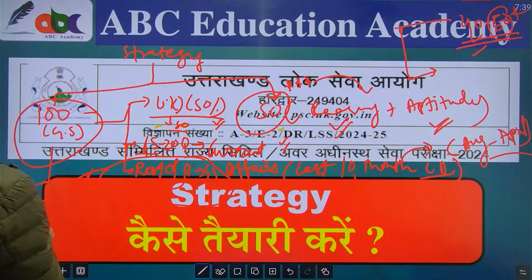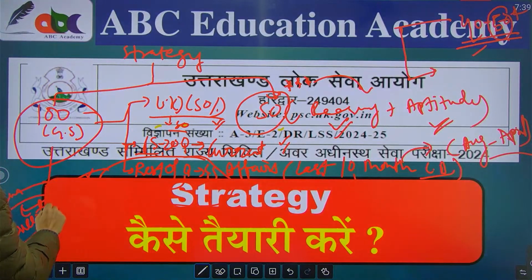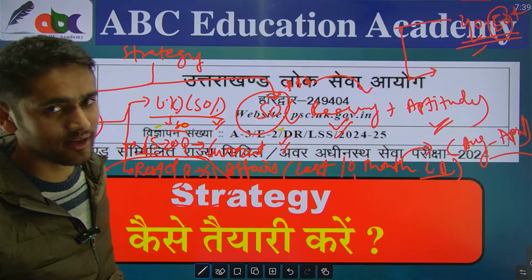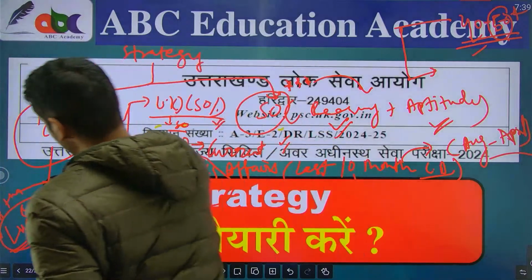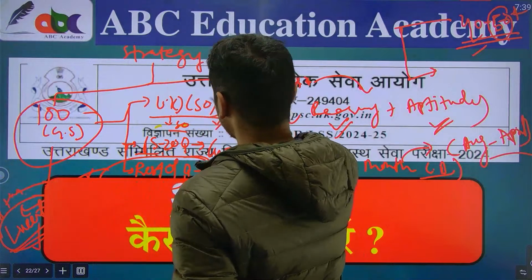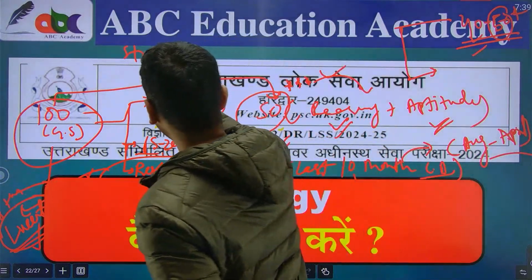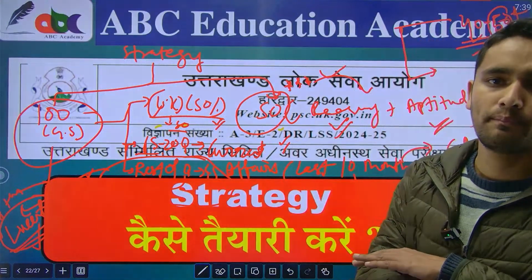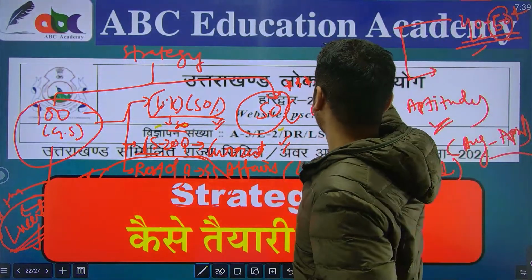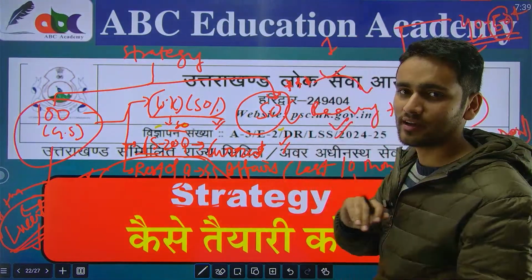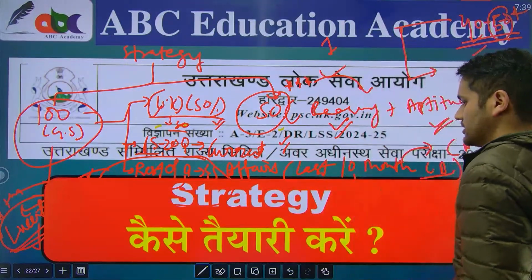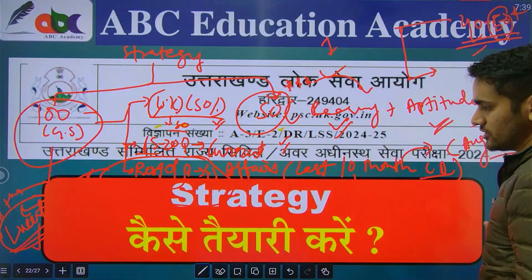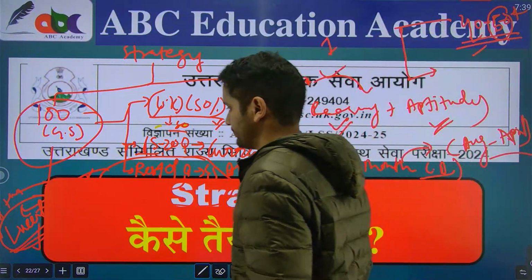All the facts, because this book is all about facts. So you have to remember, or you can cram these. If you do Loose End, reasoning, Uttarakhand, and current affairs, your prelims will be cleared with flying colors. So this is all about the strategy for the exam.